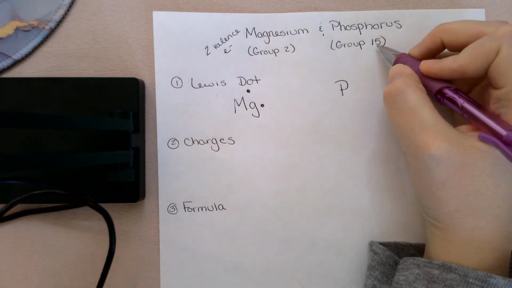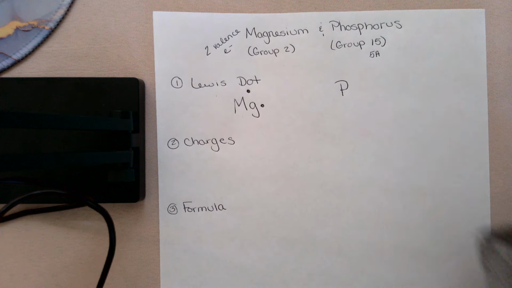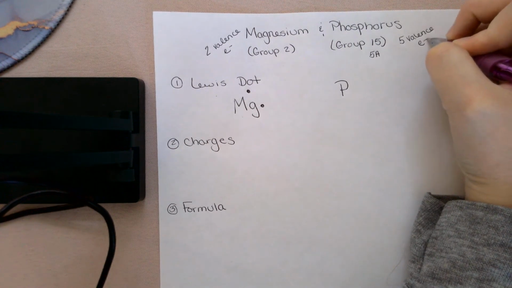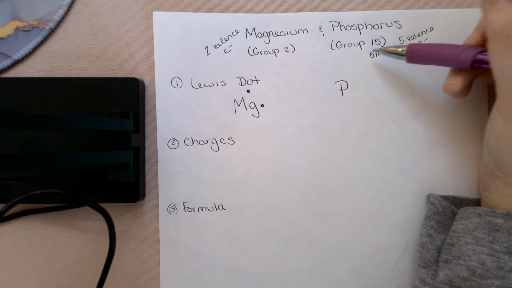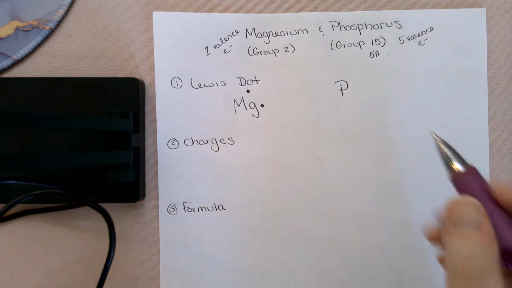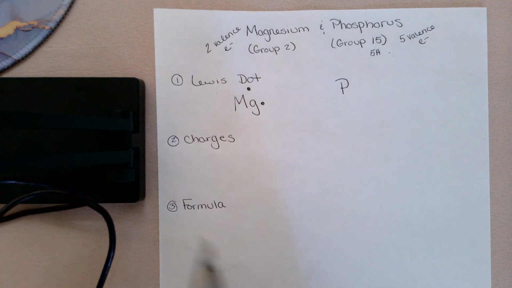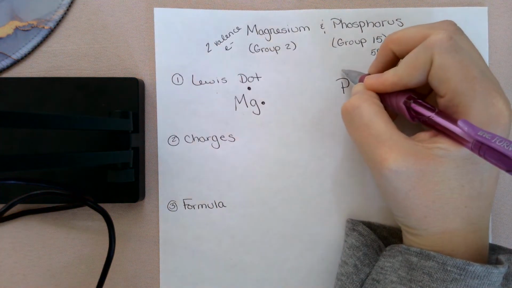Phosphorus is in group 15, also known as 5A. So that means it has 5 valence electrons. If it's 5A, then you know it's 5. If you see it as group 15, you just drop the 1. So it's got 5 valence electrons. Now remember, with our Lewis dot, we start at the top and we work our way around, and we don't pair those electrons until after we have 4 of them around our chemical symbol.